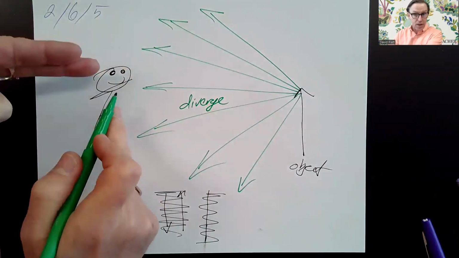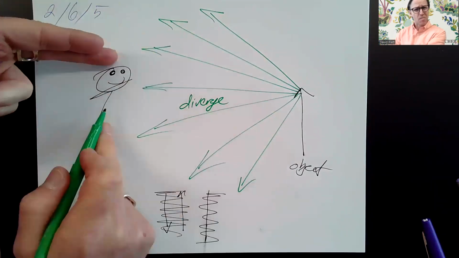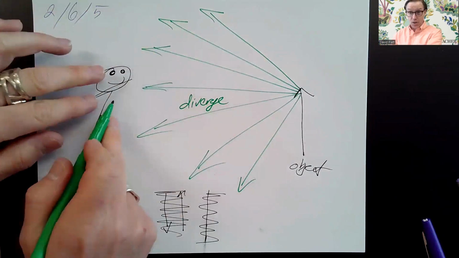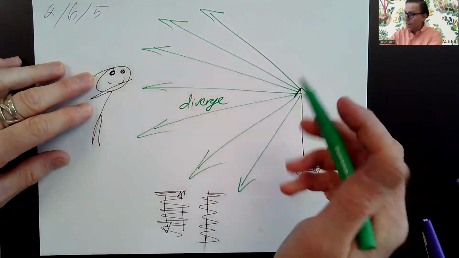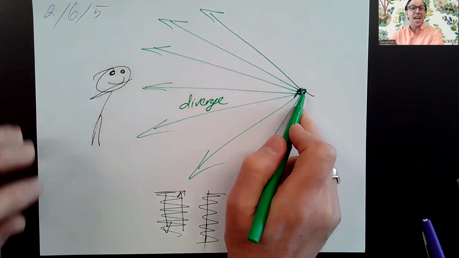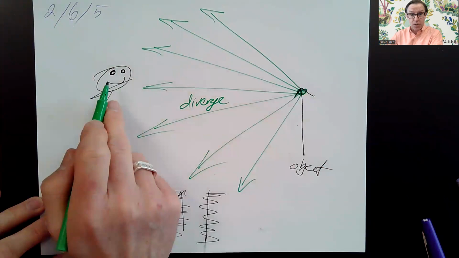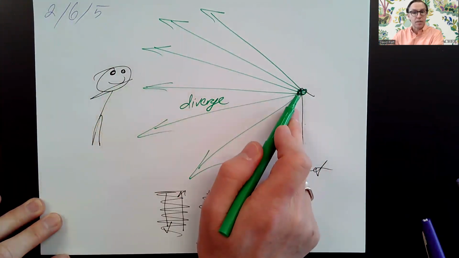And the observer says, those light rays are getting farther apart. And they mentally follow them backwards to a location where they converge, where they come together. And that is how the observer determines the location of the object.